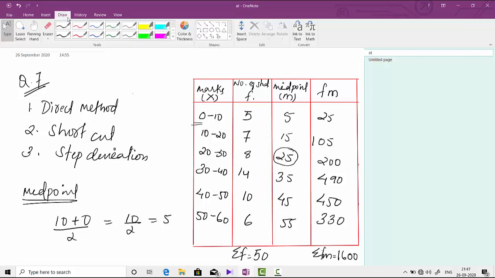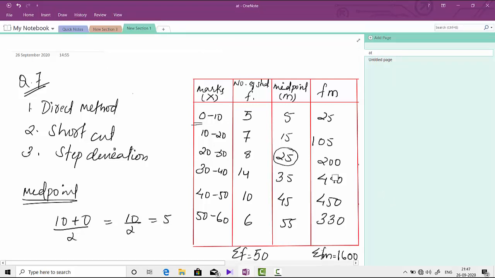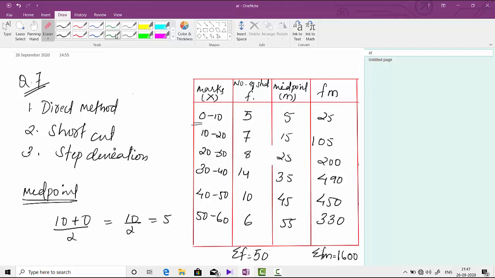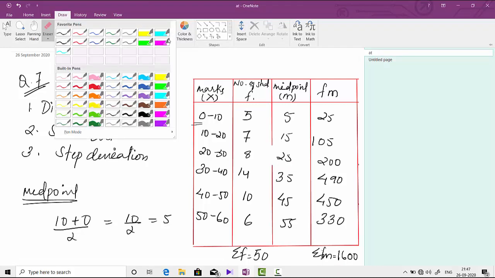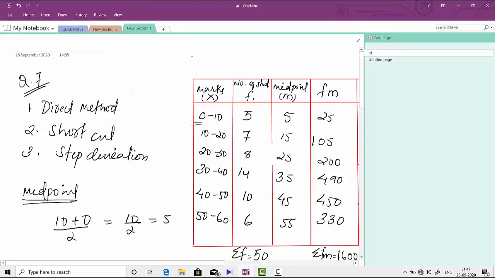Let me erase this. So how do we calculate these things?